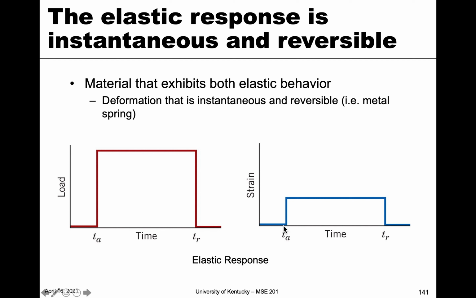If we look at the response, the strain, we see that at that same time TA, the strain goes up instantaneously and is held for the entire duration, and then it reverses instantaneously. So the strain follows the load exactly in this instantaneous and reversible manner. You can think of it like a spring.